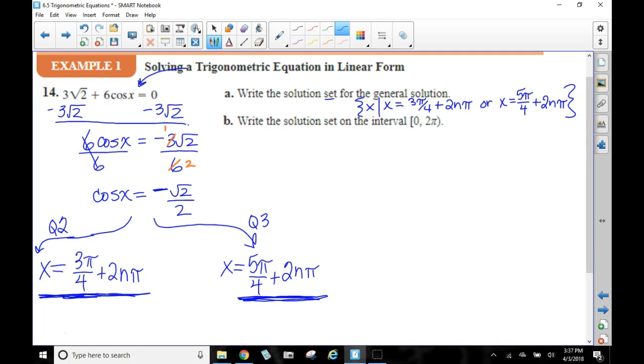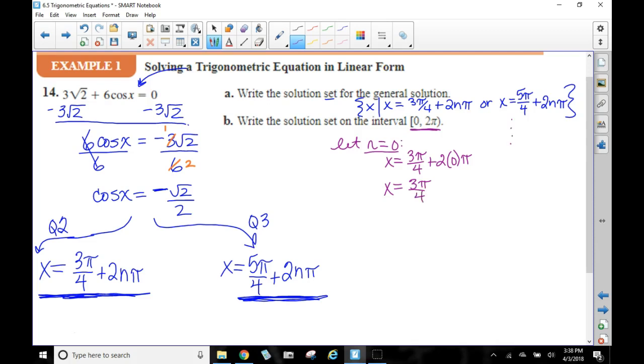Okay? Now that's the general solution for part A. For part B, it says write the solution set just on the interval from 0 to 2 pi. So what we're going to do here is take our general solution set and let our n value be equal to 0. Now when n is equal to 0, for the first one, we get x is equal to 3 pi over 4 plus 2 times 0 times pi, and so that's just going to give us x is equal to 3 pi over 4.